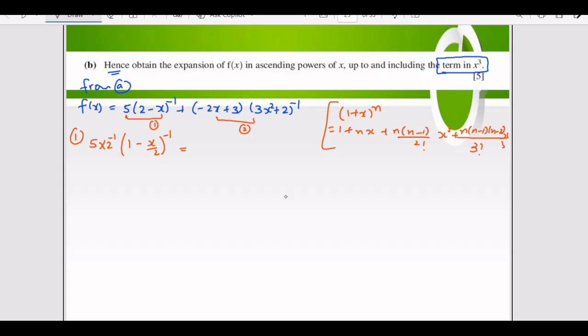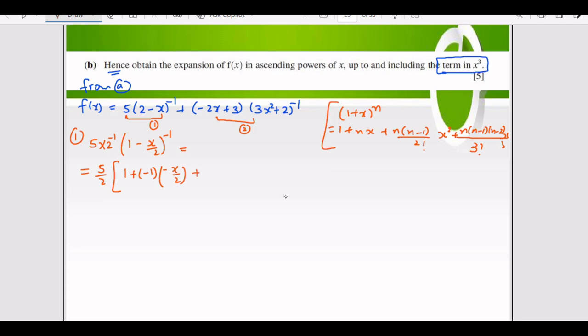So I'm writing this as 5 over 2. Then we are splitting this 1 plus n x, where n is negative 1 and x is now negative x over 2, right?